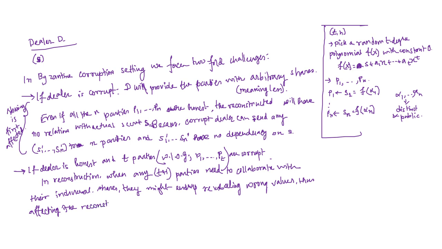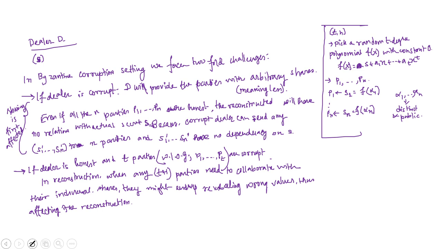So reconstruction is correctly done only if all the parties, let's say in case of a 3 out of 5 setting, only if the 4 parties who are participating in reconstruction are participating with their actual shares, then only will reconstruction be correct.